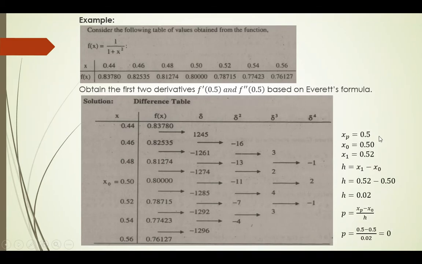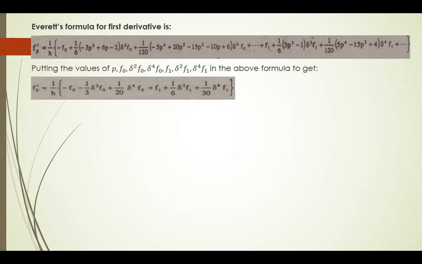Here p is equal to 0. So replacing all those values in Everett's formula, this is the first derivative. We put p equal to 0 in this formula. Whenever p is 0, you will get minus 2 by 6, and minus 2 by 6 is minus 1 by 3. This formula will be simplified whenever p is equal to 0.